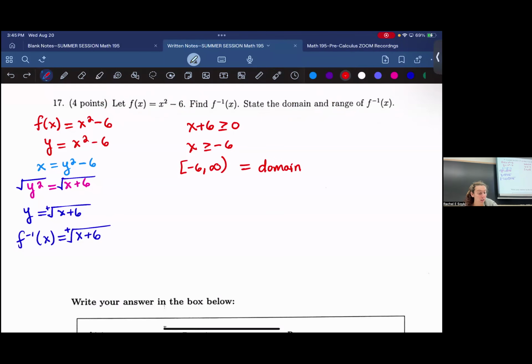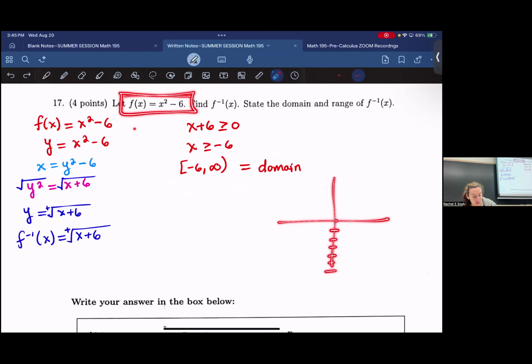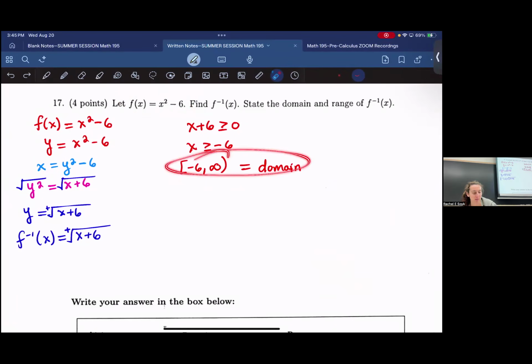And so that's another way to look at it too. You know that this inverse function is correct because the range of this quadratic x squared with a vertical shift down 6 units also tells us that our range is -6 to infinity, which is the same as the domain of the inverse.